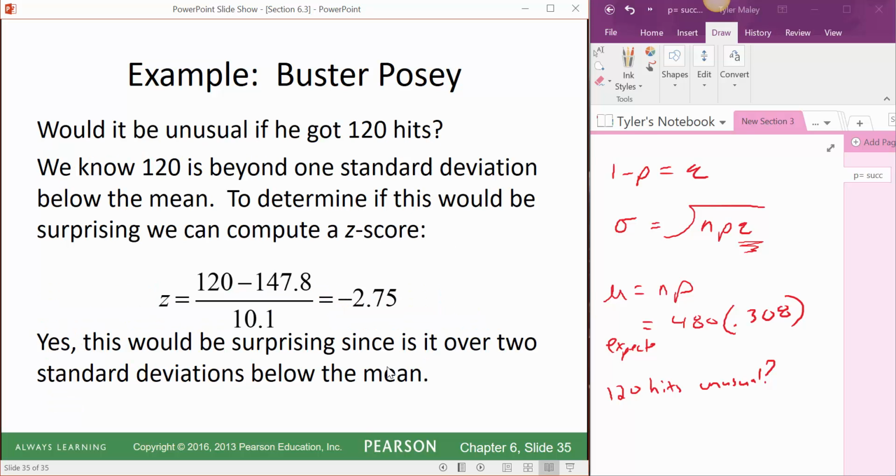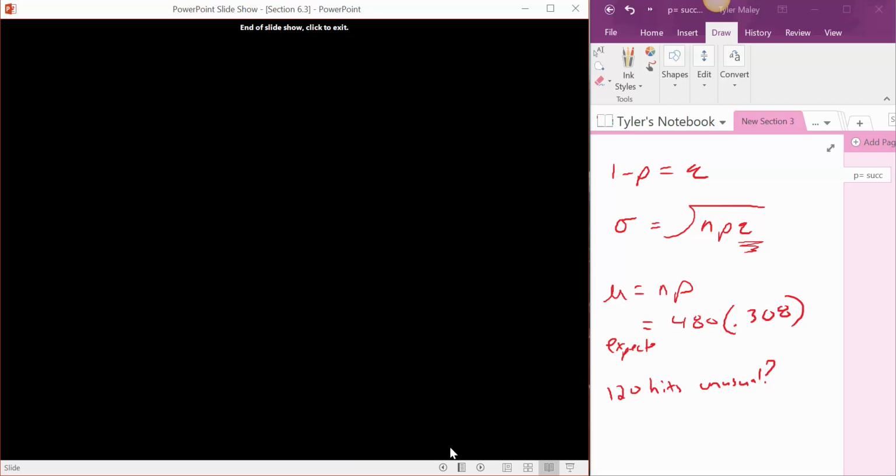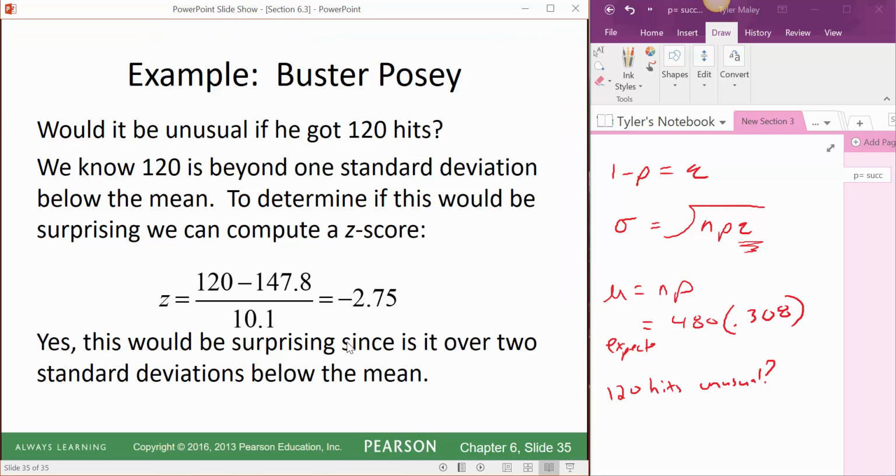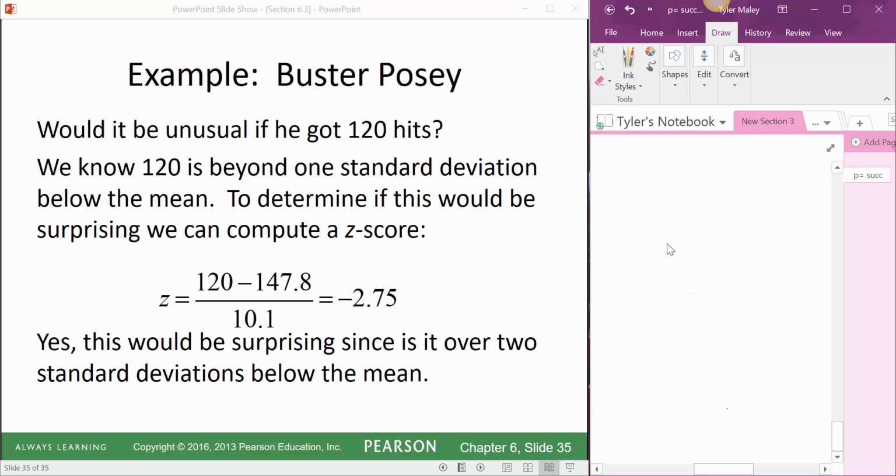So then, continuing on with, would this be unusual? One way we could find out is we could find a z-score. We know that 120 is beyond one standard deviation below the mean. So determine if this would be so surprising. So remember the 68, 95, 99.7 rule.